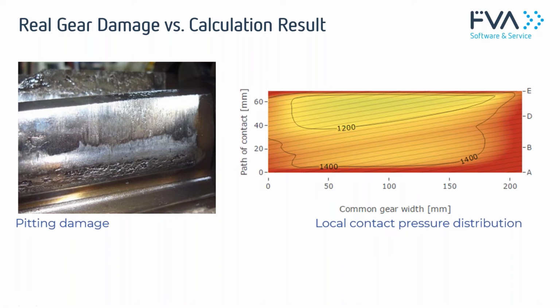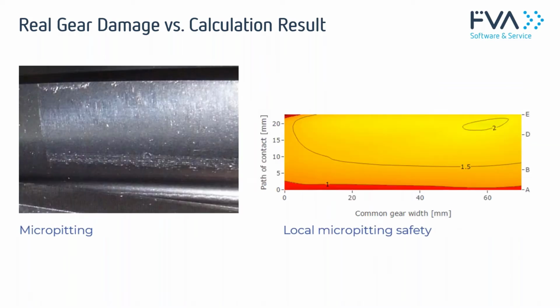And another example, that's not pitting, but micro pitting. This is not yet a failed gear, but you see how accurate this method is. You see in the root a linear line with micro pitting, and here a small area also with micro pitting.